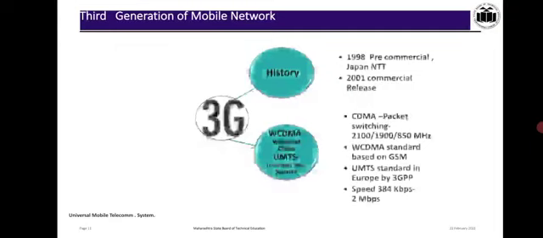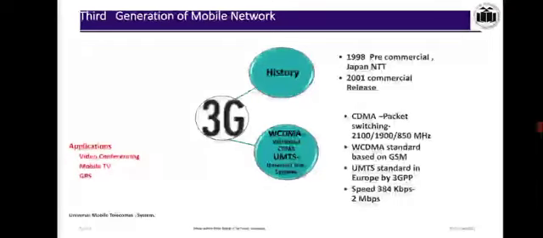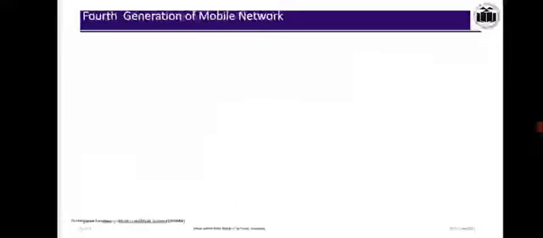The speed in 3G technology is around 384 kbps to 2 Mbps. The applications are video conferencing, mobile TV, and global positioning system. Moving toward the next, the fourth generation of mobile network.